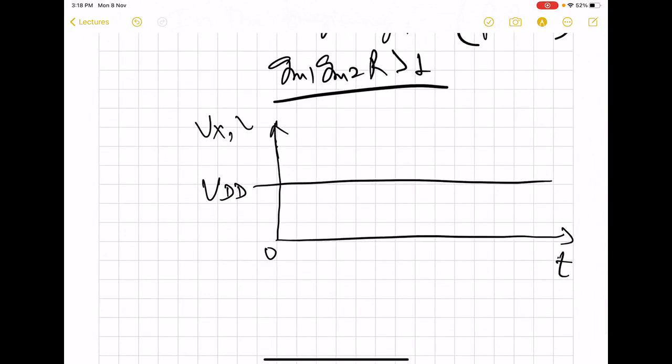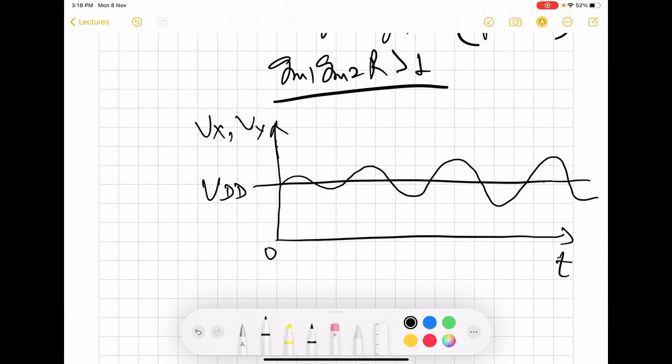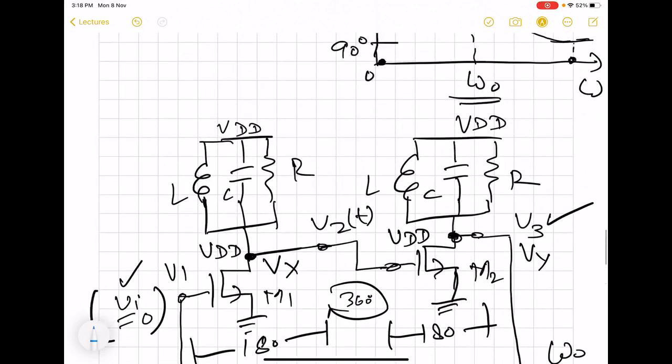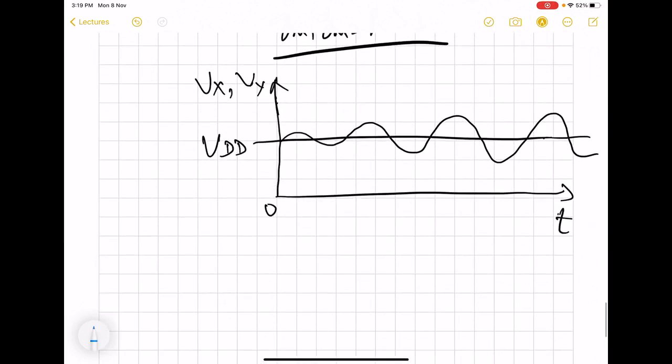So if you see Vx and Vy, initially it will be a small signal, but it will gradually grow out. And since Vx and Vy have 180-degree phase shift, because Vy is the output of M2 whose input is Vx, obviously Vx and Vy will have 180-degree phase shift. So what will be the Vy? The Vy will be like this.